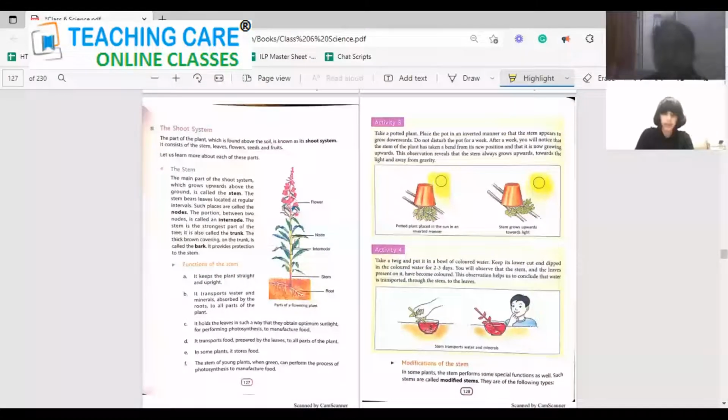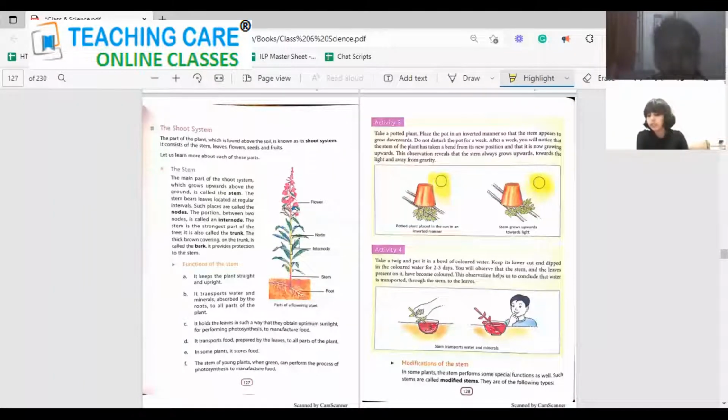Okay. Can you summarize? What are the functions? Yes, ma'am. It keeps the plant upright and straight. It transports minerals and water collected from the roots to all parts of the plant.